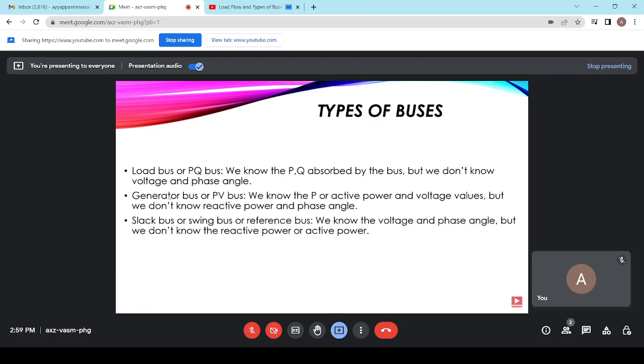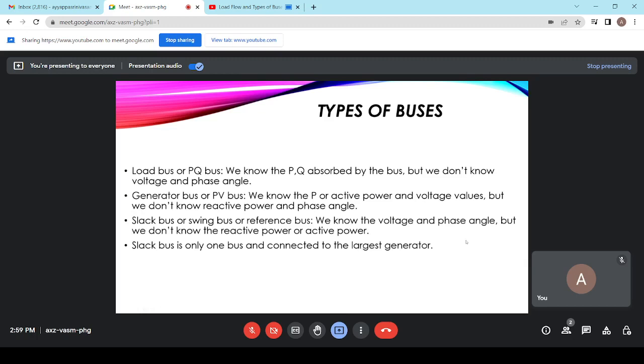In the generator bus, we don't know reactive power and phase angle. In the slack bus, we don't know the reactive power or active power. So we have four quantities in each bus. We know two and we don't know the other two. Remember that the slack bus is only one bus and it's connected to the largest generator.